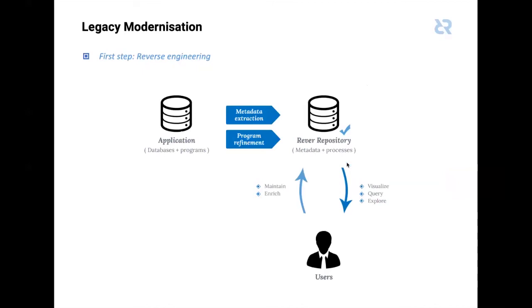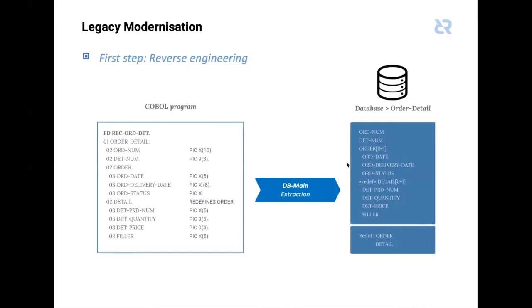So as you can see here, we do the metadata extraction and the program refinement. All of that is stored in our repository in our tools, and then the user can maintain, enrich, visualize, query, and explore his data.